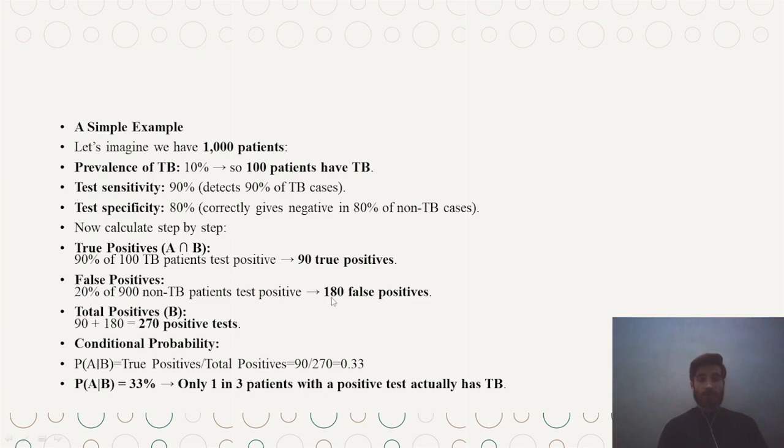So if we get the result, it will be 180. Now the total positive will be 90 plus 180, which is 270. The actual positive is 100 and true positive is 90. So now we know that the positive results are 270 and the true positives are 90. So the probability is 0.33. It means that only 1 in 3 patients with positive test results actually has TB.